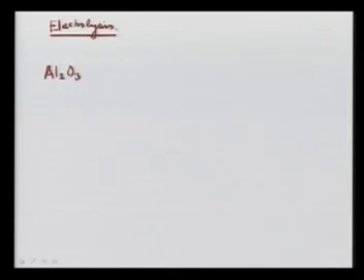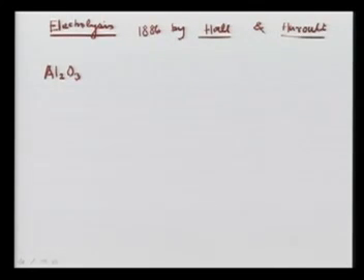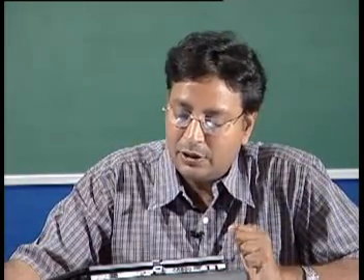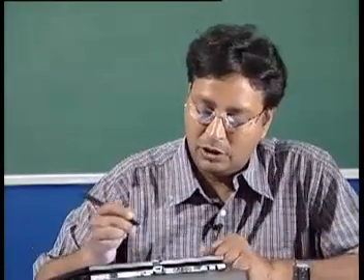This method was developed in 1886 by two gentlemen called Hall and Héroult. One was an American and one was French, and they didn't know each other. That's a little interesting part. They independently produced this method where they could make aluminium through electrolysis.